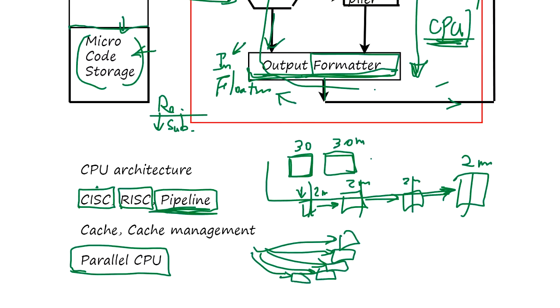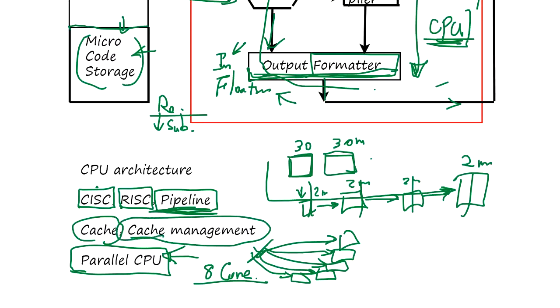Okay, so it's parallel, and the parallel is not at the CPU core level. Some have multi-core, like Intel has 8 cores, so you can do 8 parallel calculations. Okay, now I mentioned that there is a cache, and cache management is important for the CPU. Those are the aspects of the CPU architecture.